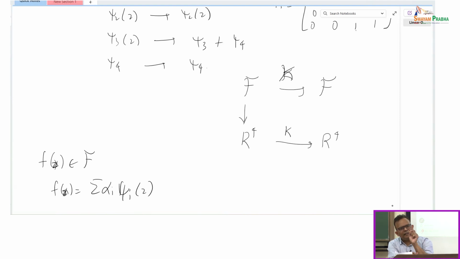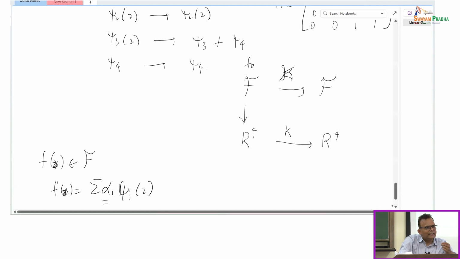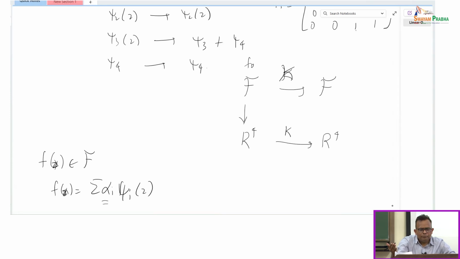So what does the matrix approximation of the Koopman operator do? It is basically propagating those coefficients, right? The way it works is, I give you some initial function f0. You project this f0 onto this finite basis, and these alpha i's are the coefficients in the expansion. Now K acts on these alpha i's and gives you new coefficients, let's say beta i's.